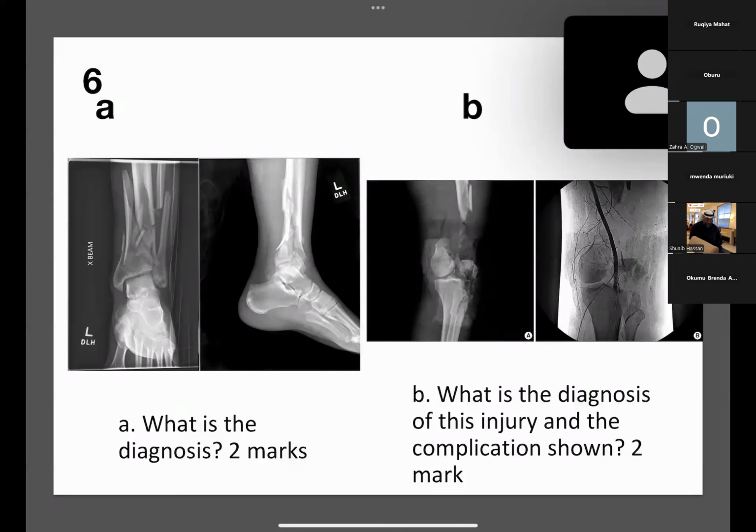Now, the most important thing to know about pilon fractures is that they have soft tissue issues. So usually we're not very fast to fix pilon fractures. Obviously, you're not making the decision. Somebody else will be. But pilon fractures, we're not in a hurry so much to fix them because of soft tissue issues.